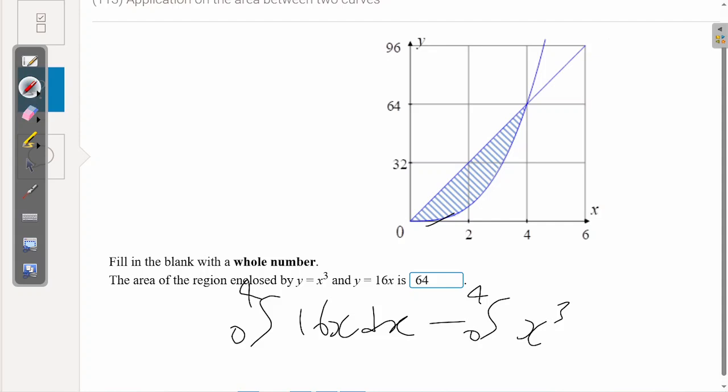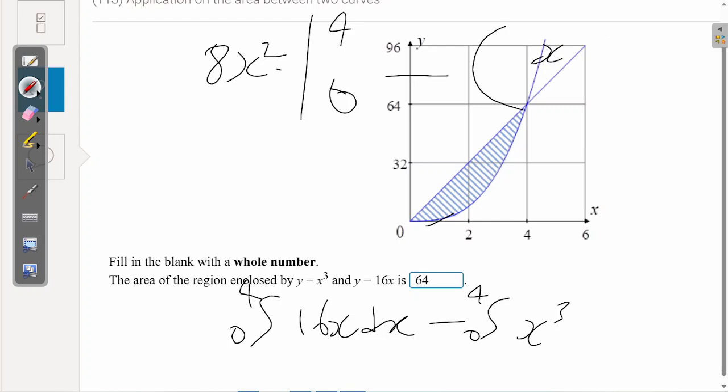So let's integrate. So it will be the integral of 16x squared over 2 from 4 to 0. This will be 8x squared minus bracket x power 4 over 4 from 4 to 0. So let's find this.